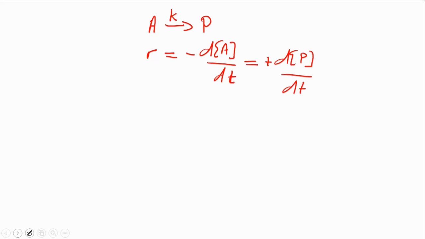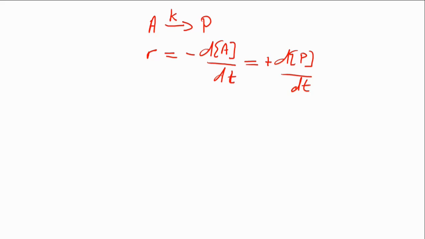Let me just fix that D here, not looking so good. All right, that looks better. So the rate is equal to the change in the concentration of the reactant with time, and we put a negative sign indicating a decrease; of course, square brackets here means concentration.